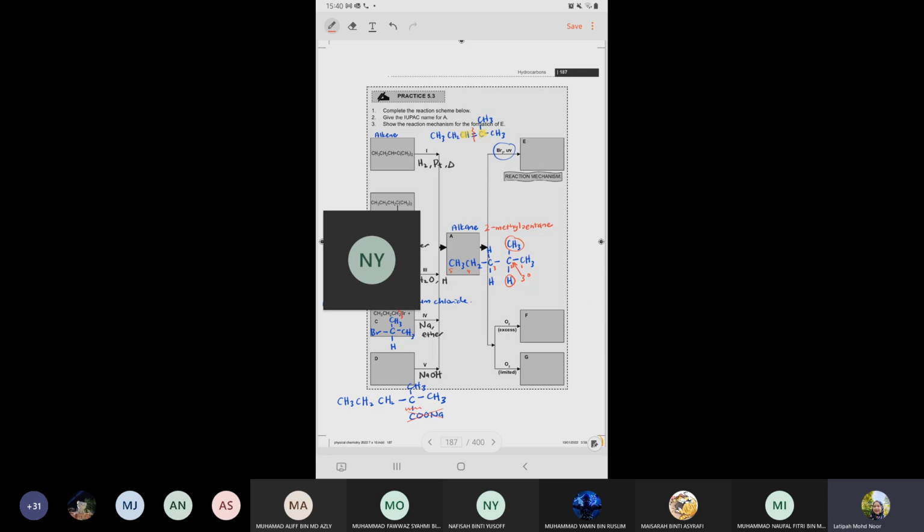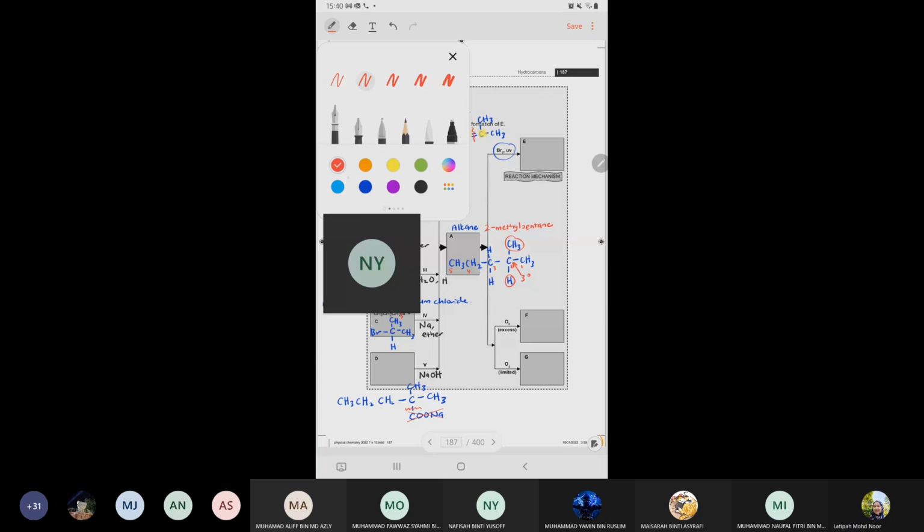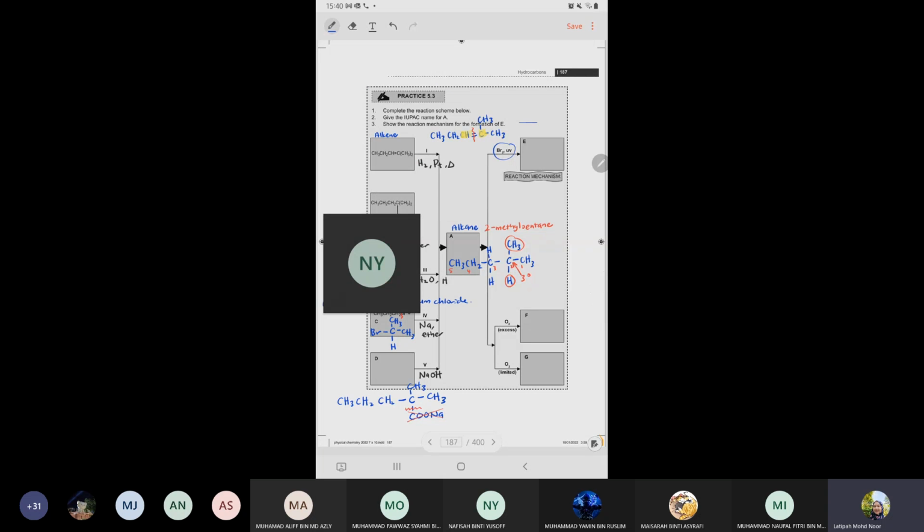Okay, now let's draw the product. Okay, so the product will be the tertiary haloalkane. Okay, so kita draw dia punya produk. CH3, CH2, CH2. Okay, carbon nombor 2 tu ada CH3 kat situ. Ada CH3. So, apa awak perlu buat?